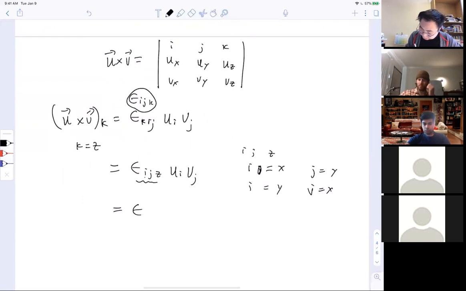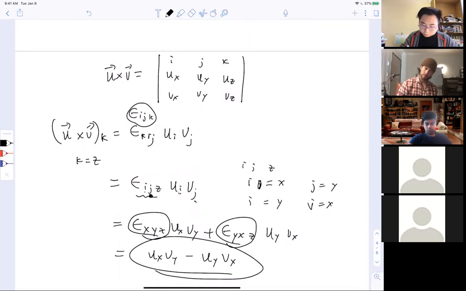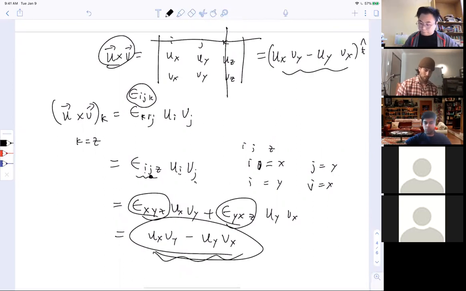So the first term is 1 and the second is -1, and the third component is exactly Ux Vy minus Uy Vx. You can see this is exactly the same.